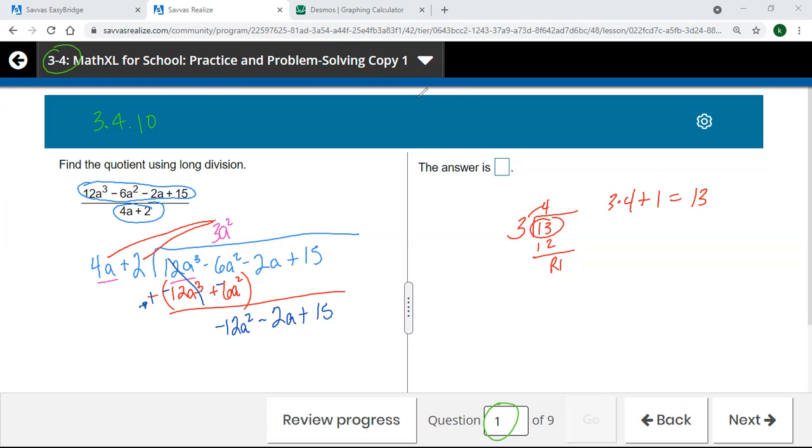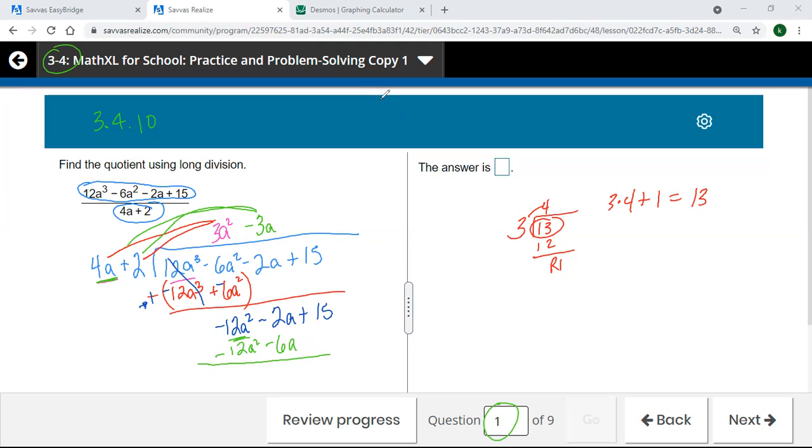Then we move on. So we go to the next one. And we say this 4a times what makes this leading term, negative 12a squared. And hopefully you agree that's negative 3a. And then we multiply that times each of these to see how much we've made and see how much we still need after that when we subtract it away. Again, these leading terms here should always be the same because we're trying to get rid of them. Then negative 3a times 2, negative 6a.